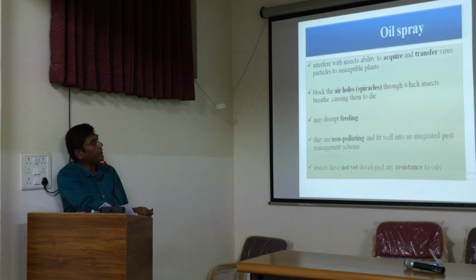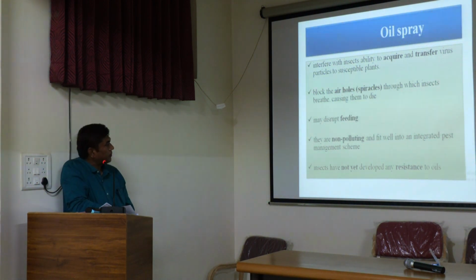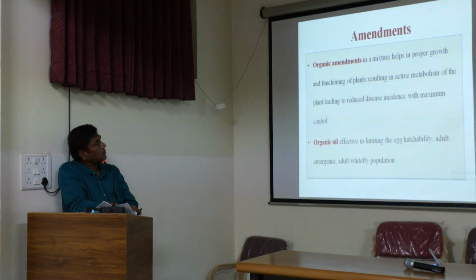It also blocks the air holes, obstructing insect breathing, and may disturb feeding. It is also non-polluting and fits well in an IPM strategy. There is no resistance development in the case of oil spray.